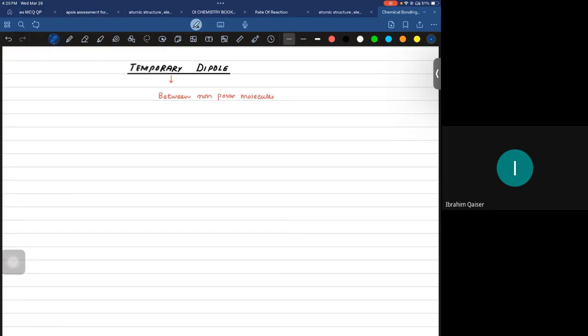It's weaker than permanent, remember. This is also known as induced dipole, the ID force. Let me tell you how it works.